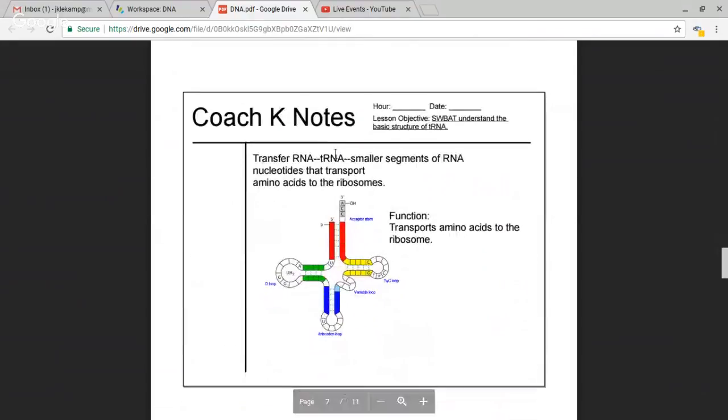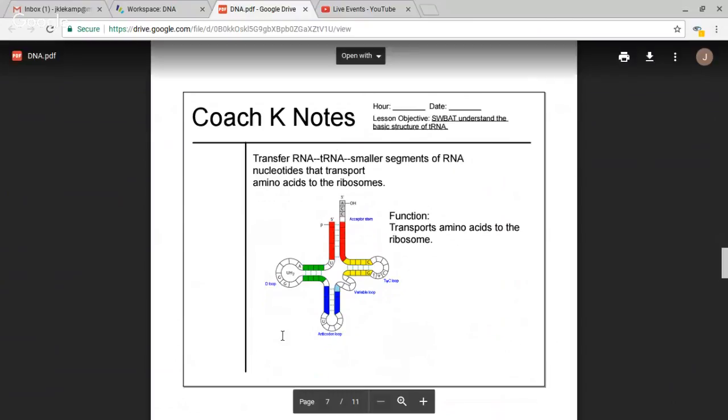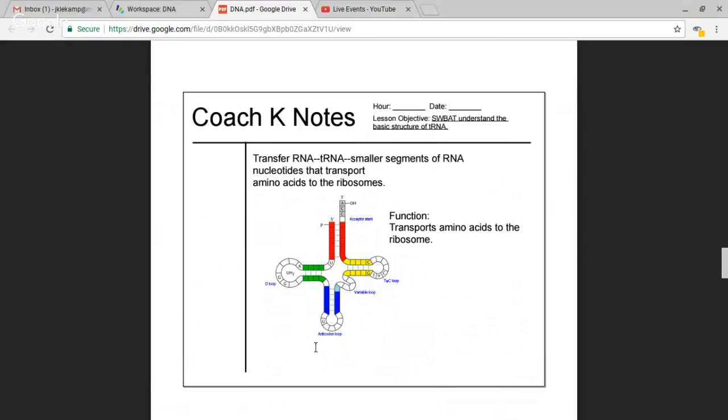The next molecule of RNA that I want to look at is called transfer RNA. It is smaller segments of RNA nucleotides, and it's kind of got this clover leaf shape. And really what we are concerned about is this bottom loop right here called the anticodon loop.